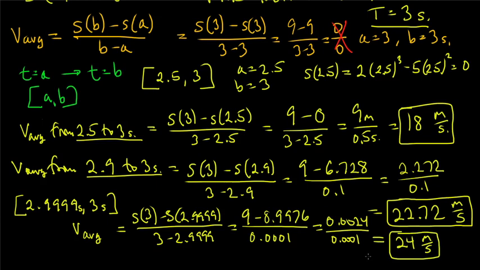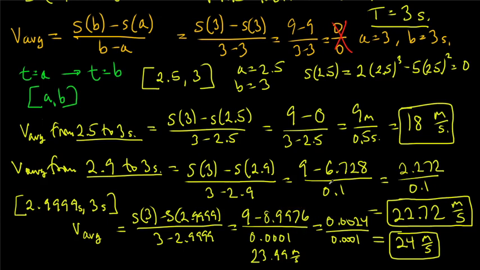Okay. And remember, this is only approximate. It's actually, I think it's a little bit less than that. Right. So it should have been something like 23.99 something meters per second, right? Because this was not exact, I rounded.